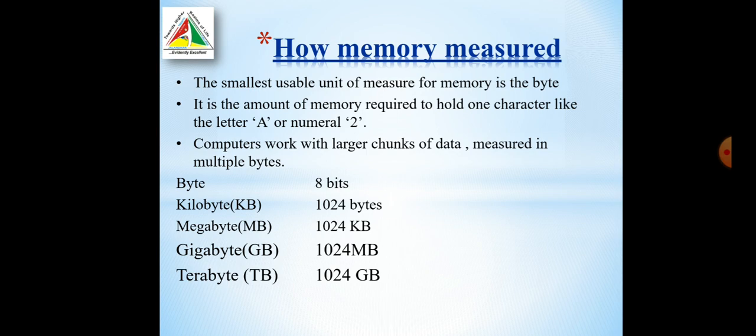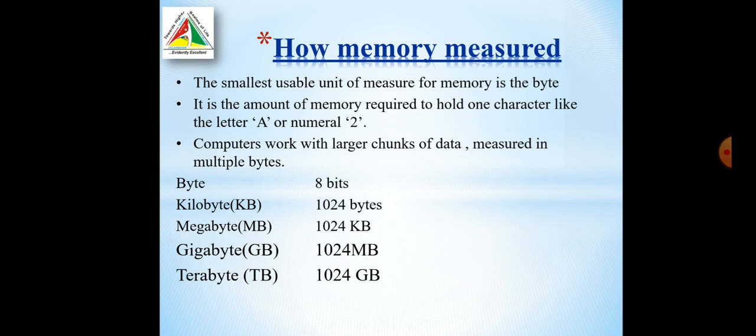Now see how memory is measured. The smallest usable unit of measuring memory is called a byte. It is the amount of memory required to hold one character, like the letter A or numeral 2.